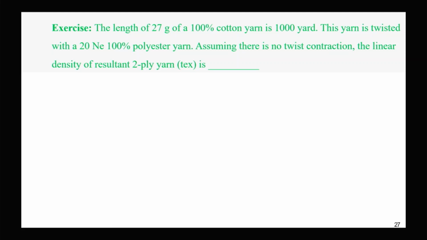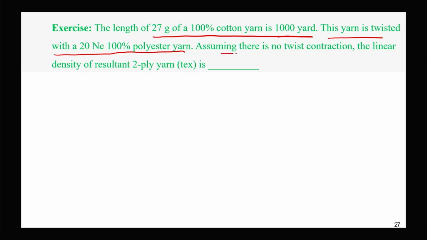Now let us try to do another numerical. The length of 27 gram of 100% cotton yarn is 1000 yard. Now this yarn is twisted with 20 NE 100% polyester yarn.